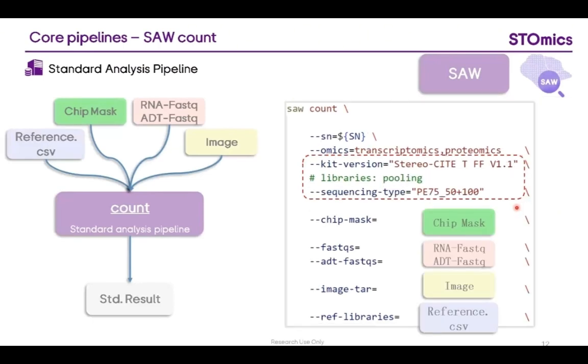And sometimes they can be the same, both 15 plus 100 base pair. So please be careful when you input this information, as providing incorrect information here may lead to an error or incorrect results.